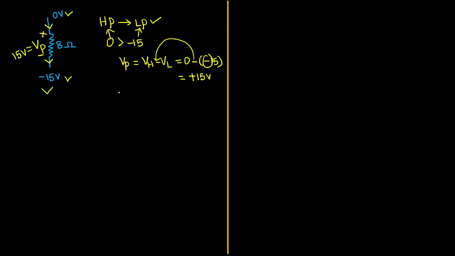Now, can you please let me know the current? Suppose if I am calling this current is IP. What can be the expected value of current IP here? The value of current IP is going to be voltage drop across the resistor divided by resistance value. So I can say 15 by 8 ampere is going to be the value of resistor current through the circuit. Current through this particular branch.